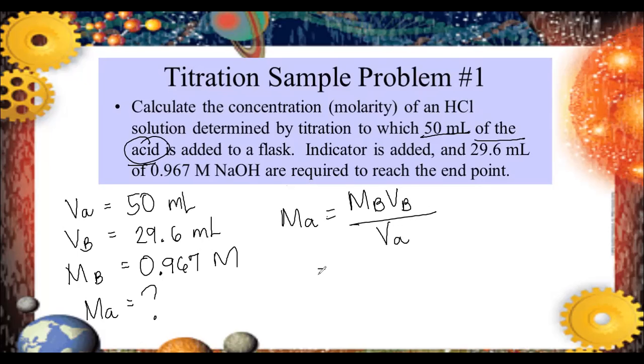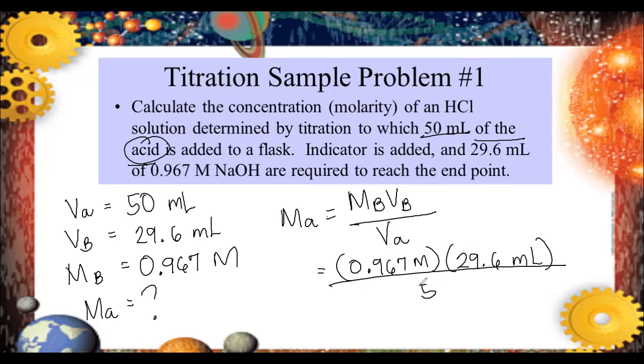All right. Now, let us substitute the given to the formula. So we have 0.967 moles and the volume or VB is 29.6 ml. Divide by VA which is 50 ml. Alright, so you need to cancel out the same unit.